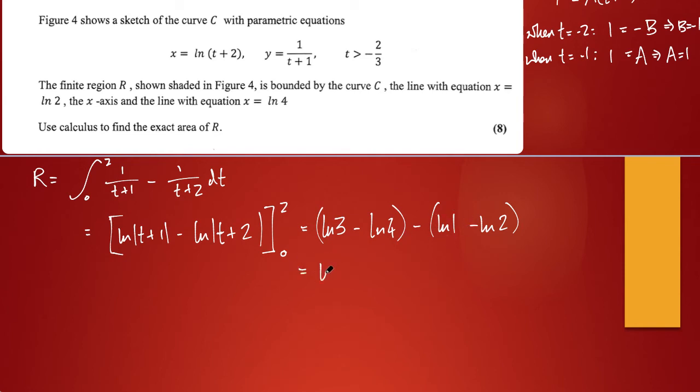So that gives me ln 3 minus ln 4 minus minus ln 2, so that's plus ln 2, and that gives me, so I've got 3 times by 2, which is 6 over 4, using laws of logarithms, which is ln 3/2, simplifying that fraction. And that is my answer for that question.